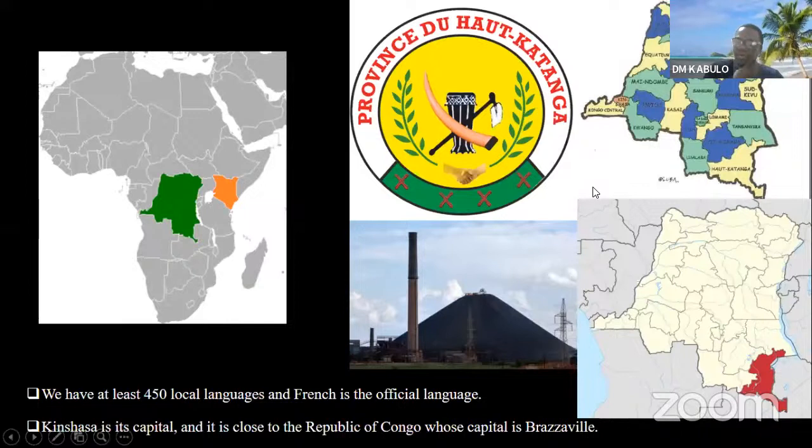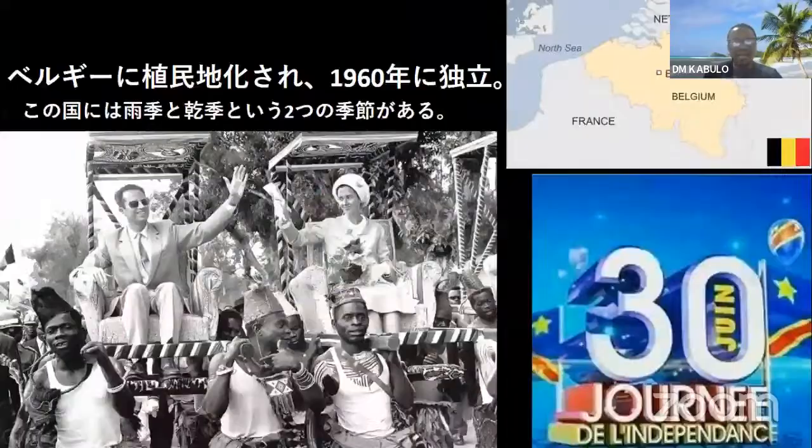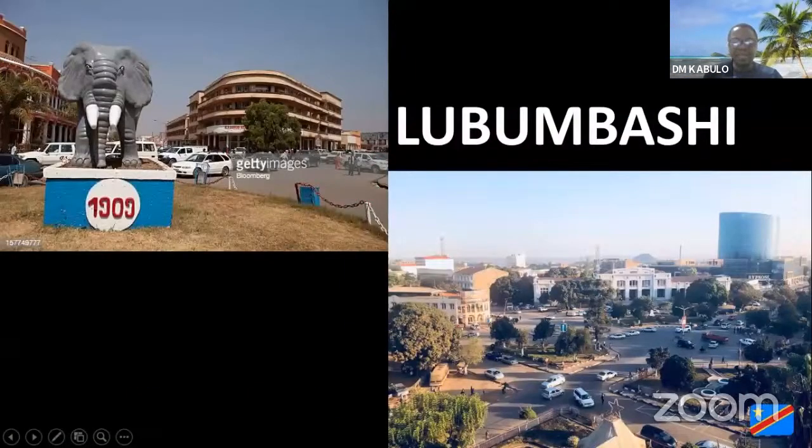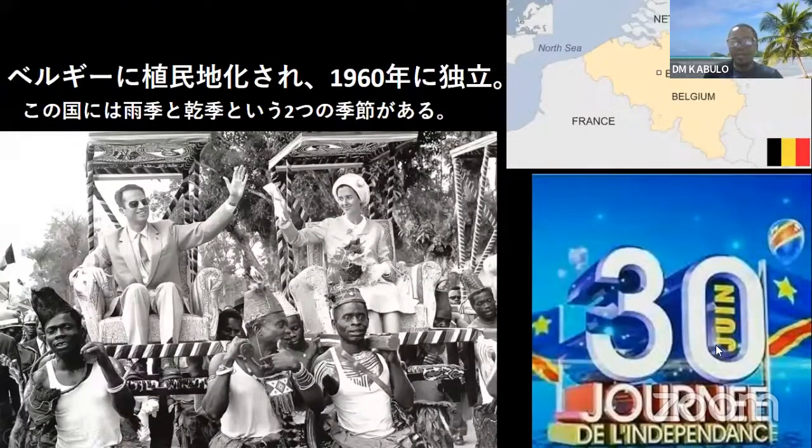Congo has 26 provinces, and I am coming from the province called Katanga. The official language is French, then four national languages and more than 450 dialects. This is my town, Lubumbashi. Congo was colonized by Belgium, and we got our independence on the 30th of June 1960.